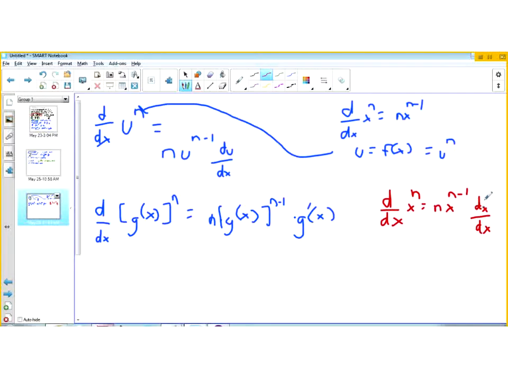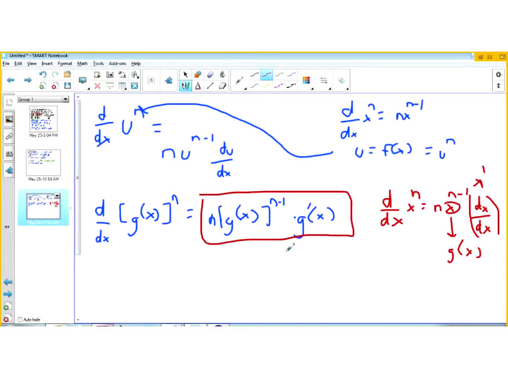And of course, you recognize that this quantity is simply 1, so it essentially goes away. But in the case where, instead of x, you have a function, say g of x, then you'll have to multiply the resulting calculation by g prime of x, and this is the chain rule, a very important concept in calculus.